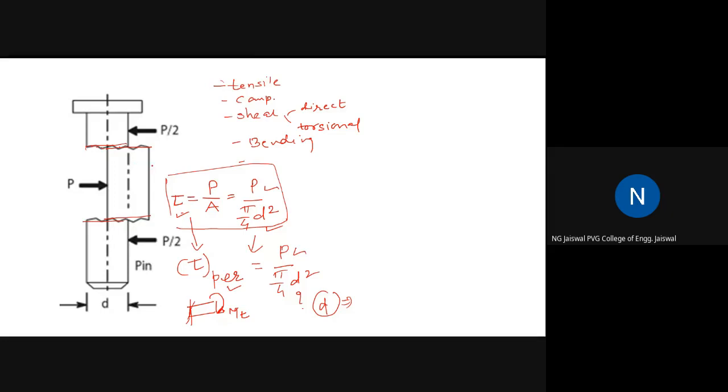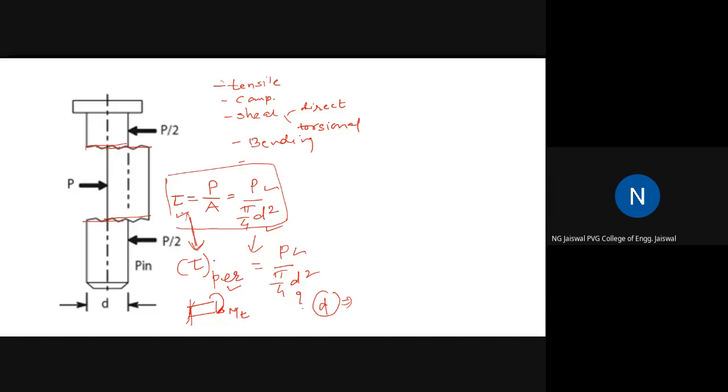This is the whole philosophy of design: you identify the type of force, you identify the type of stress in the component, you write down the corresponding equation of that stress, then you find out what is known and what is unknown. Accordingly you take some action. Here, since the induced stress was not known because d is unknown, we equated the induced shear stress to the permissible shear stress.